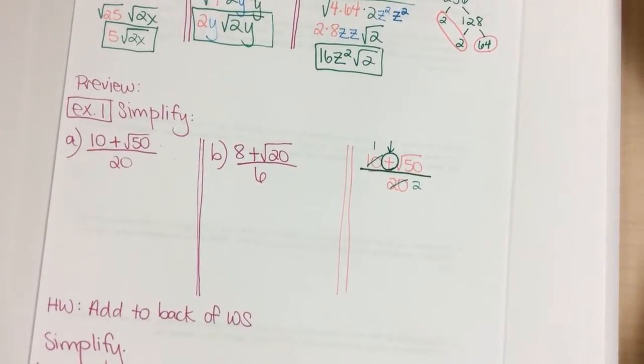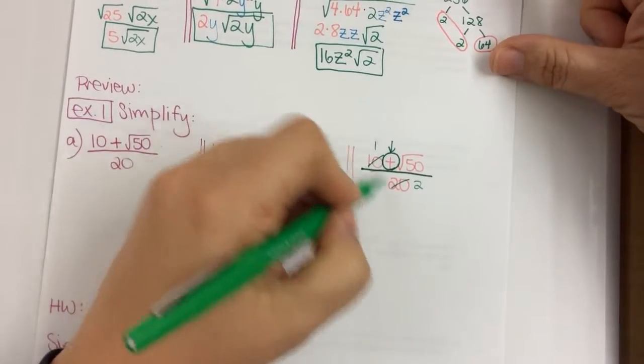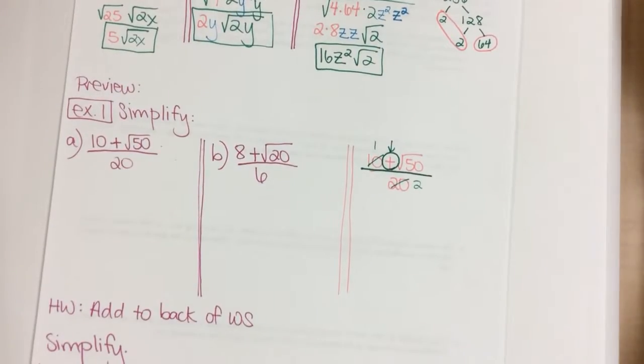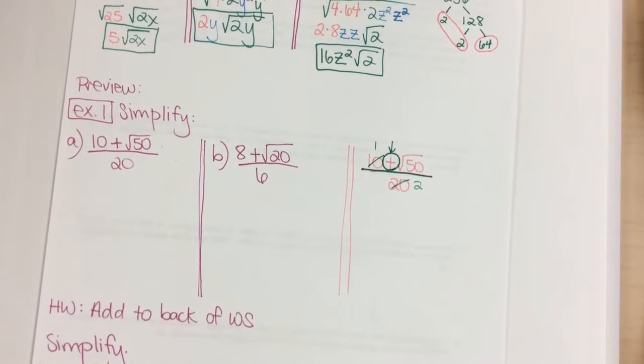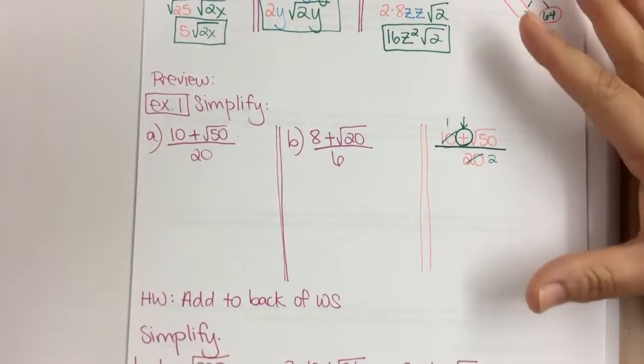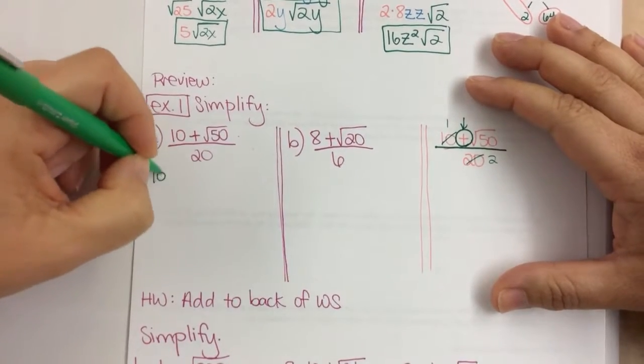Let me say that again. If you cross these off, you're telling me that division and addition undo each other. I know you all know that that is not true. I have every confidence that you know that is not true. What undo each other is division and multiplication, right? So here's what we should do. We're going to break up the 50.